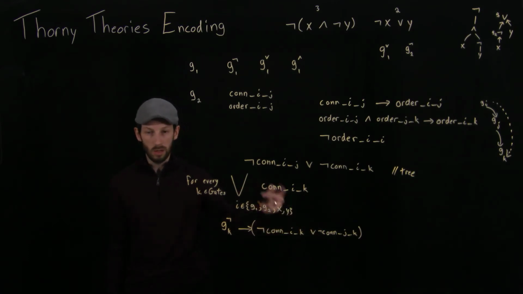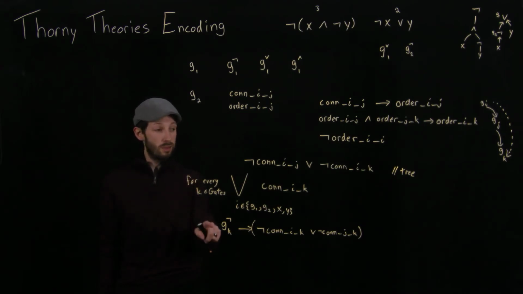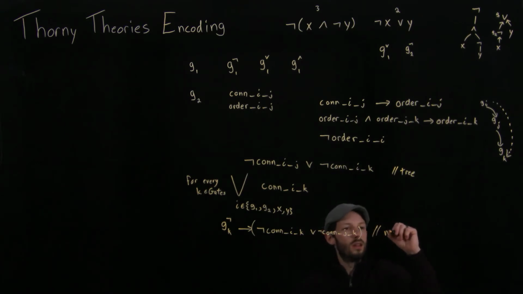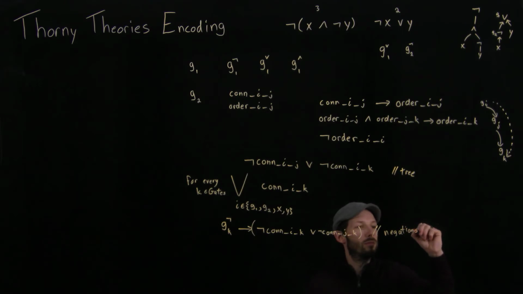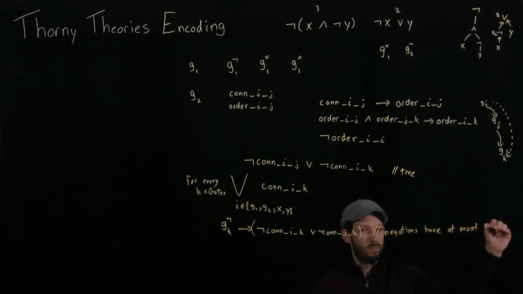And if you say at least one of them is false for every single pair, it means at most one is going to be true. And so this is how we say that negations have at most one input.